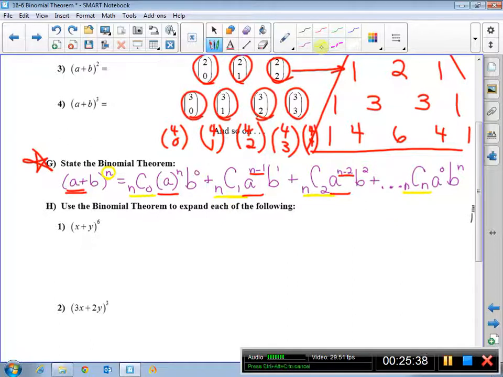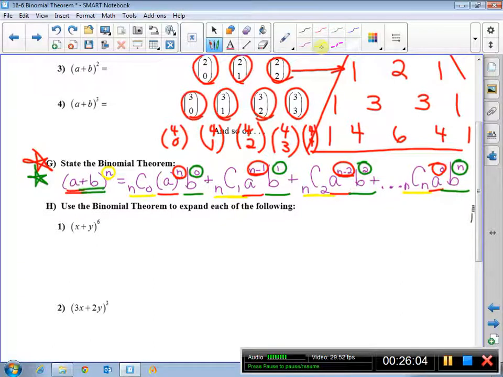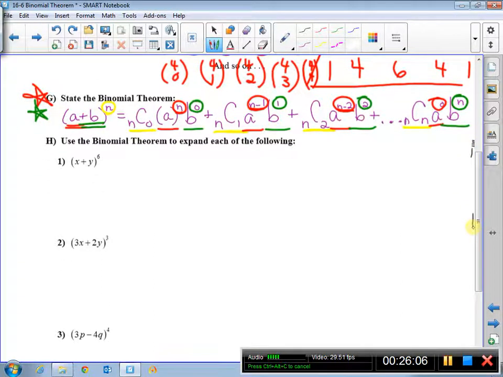The powers of your a's, remember, decrease as you go along, all the way to nothing. Then you take the second item in your parentheses, and you start it at 0, and make it go up 1, up to 2, all the way up to that maximum value. So this theorem that's written out for you, not a lot of kids use it. If you're stuck, you can certainly look at it, but it looks really tough. It's still just what we did.